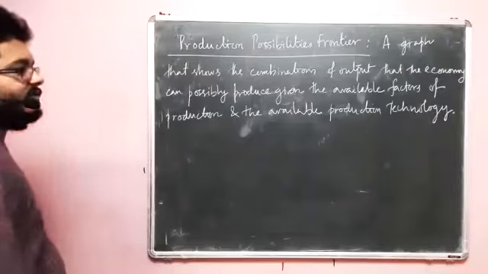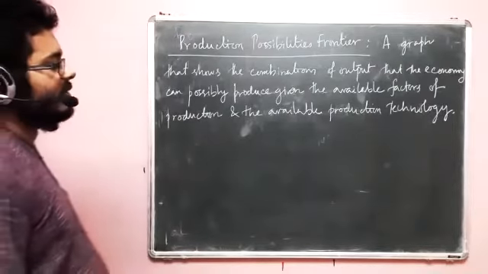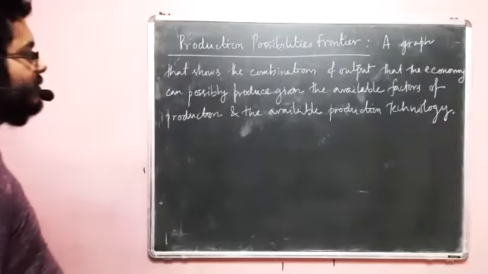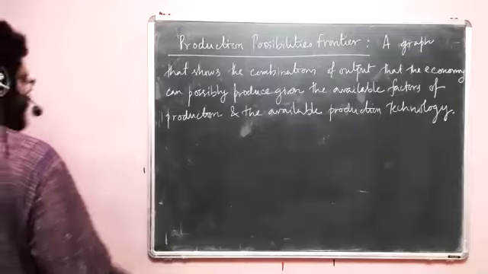So here also we'll be making an assumption in the sense that an economy produces millions of goods, but to draw the graph, we'll take only 2 goods. Okay. So we'll start with this.